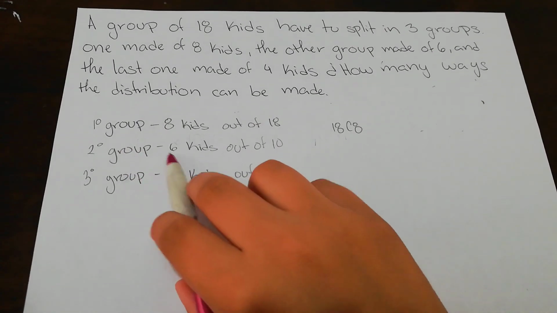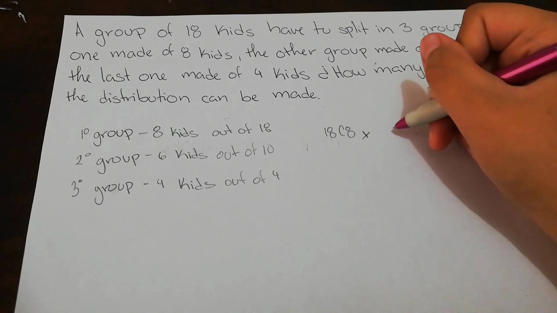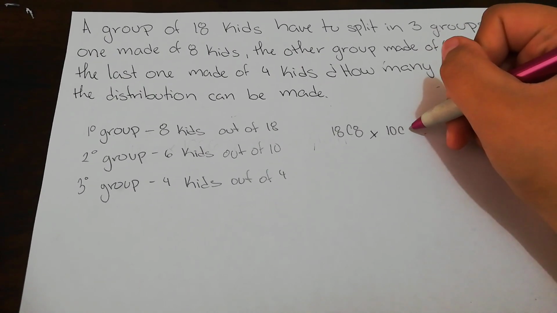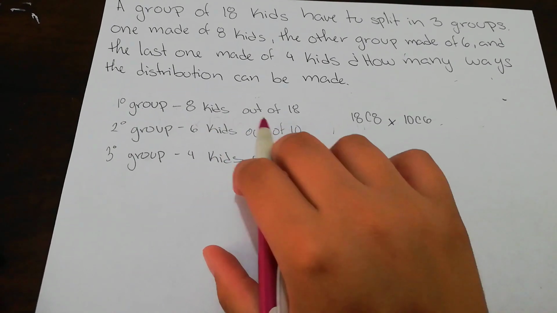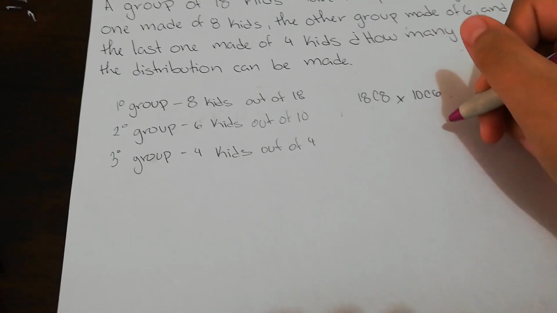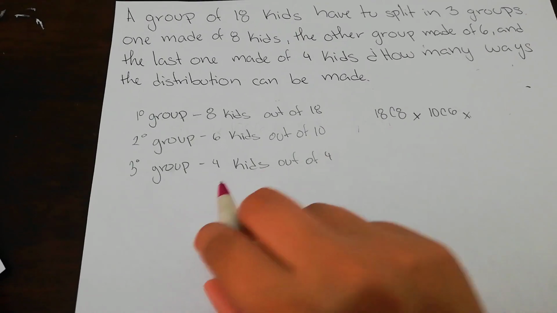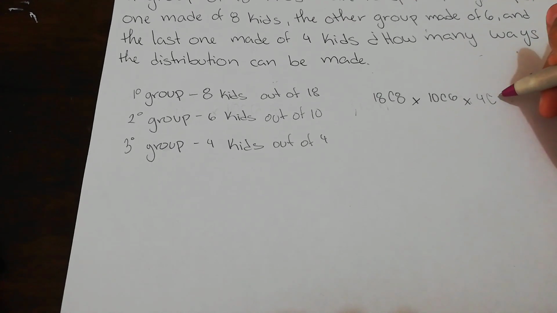Then for the second group, we multiply, and we get 10 C 6. We take out the 8 kids we used before and we only use 10. We multiply again for the third group, and we have 4 C 4.